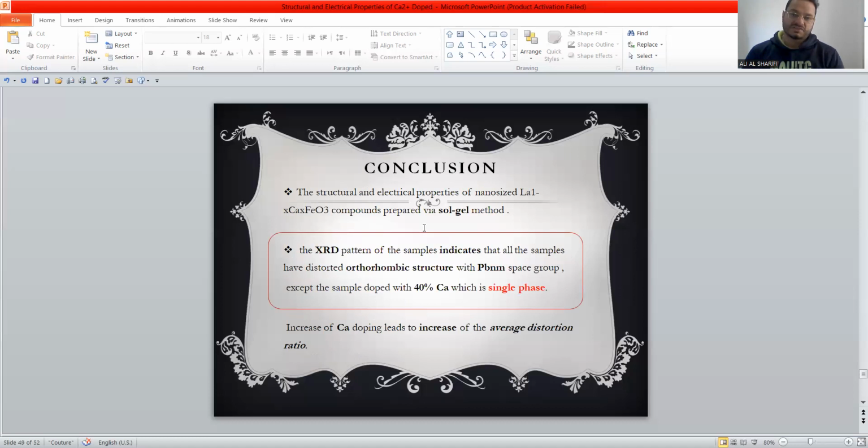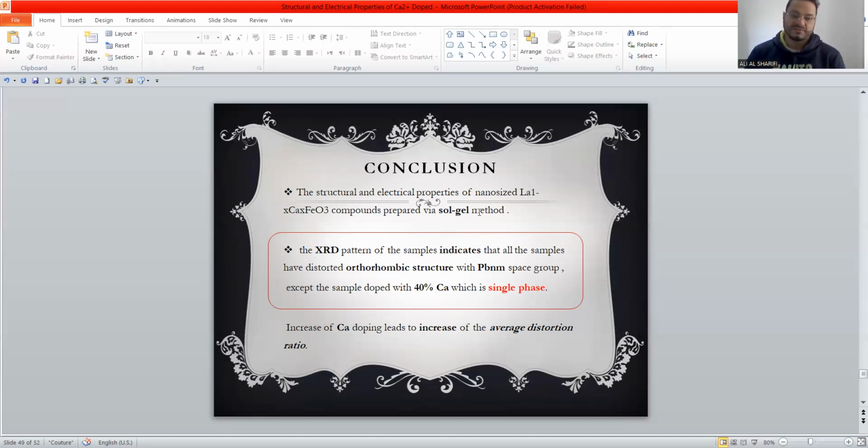Here, the structure and electrical properties of nano-sized lanthanum compounds prepared by the sol-gel method. Here it's a conclusion, like I said before. To take pictures of the surface of this complex, they used scanning electron microscopy and atomic force microscopy. These are other methods to take good pictures, but of the surface, not deeply.